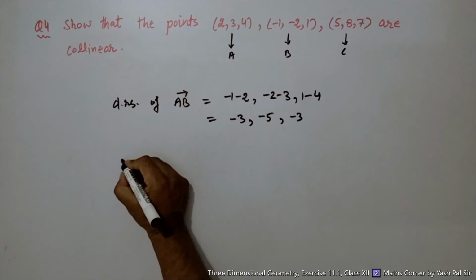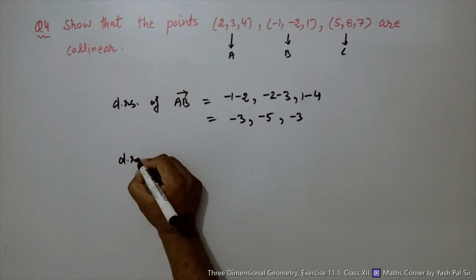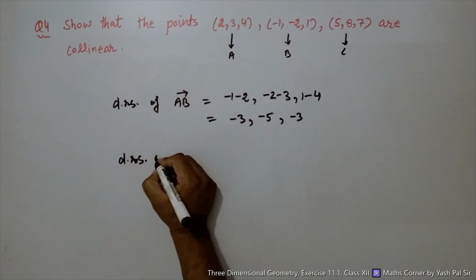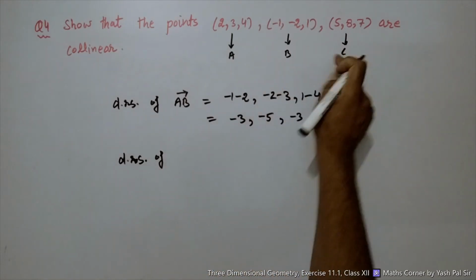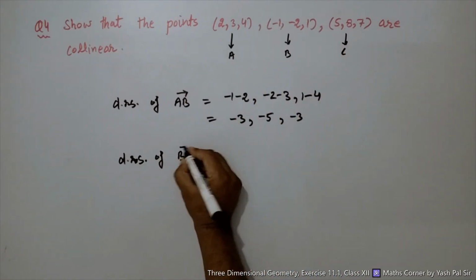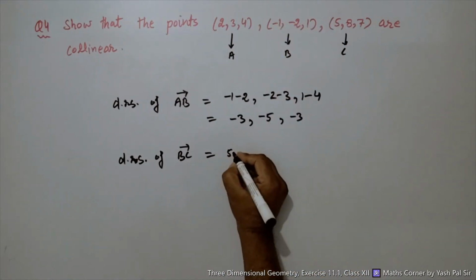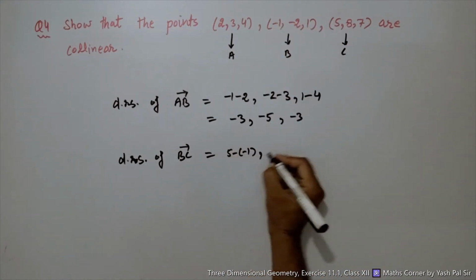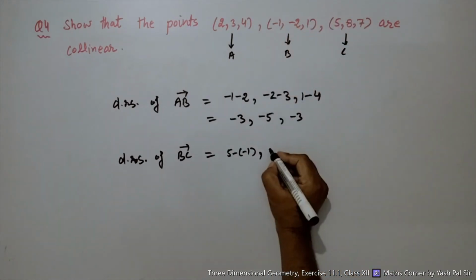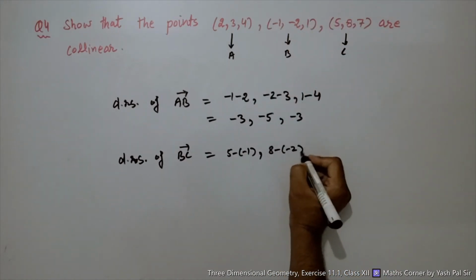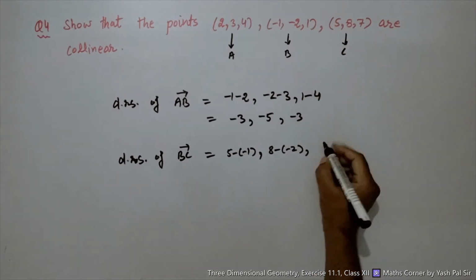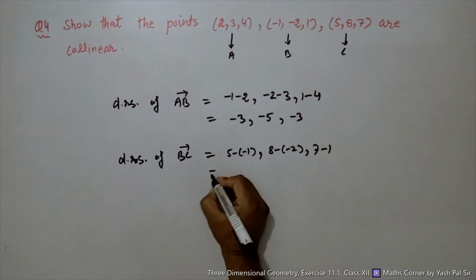Similarly, finding the direction ratios of the line segment joining the points BC. So BC is the vector 5 minus (-1), 8 minus (-2), 7 minus 1.